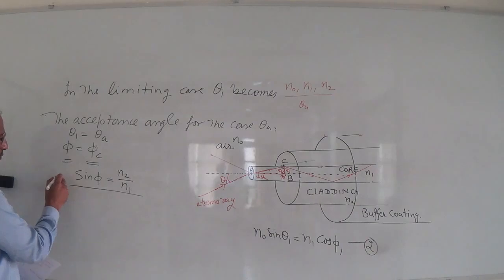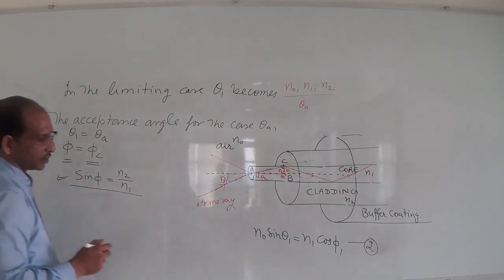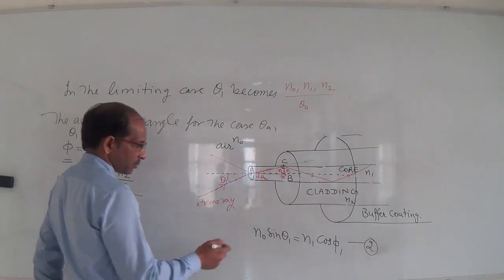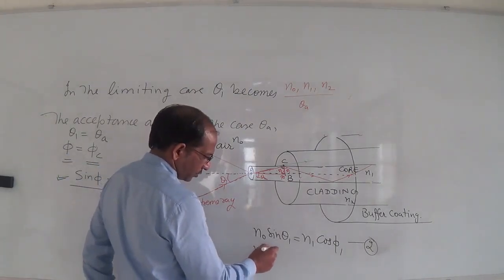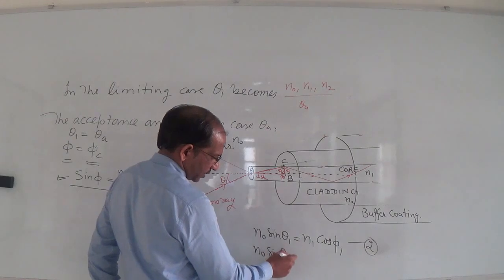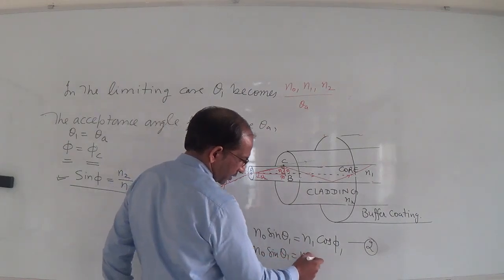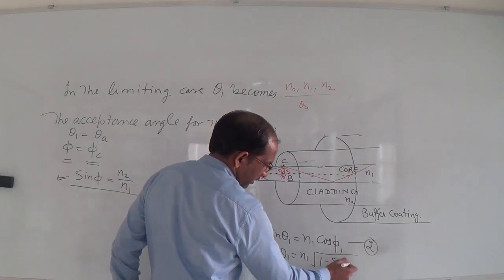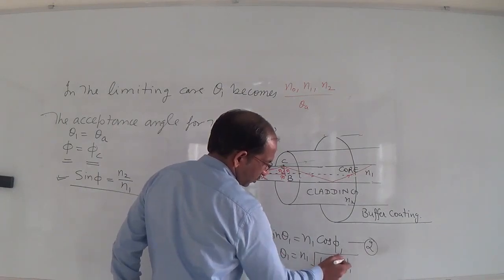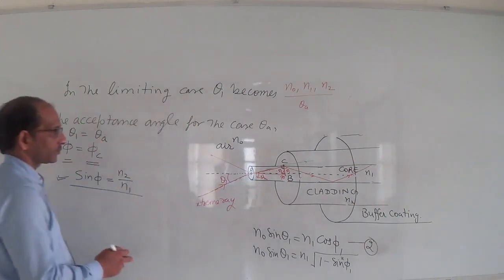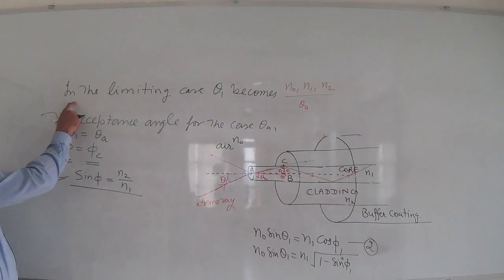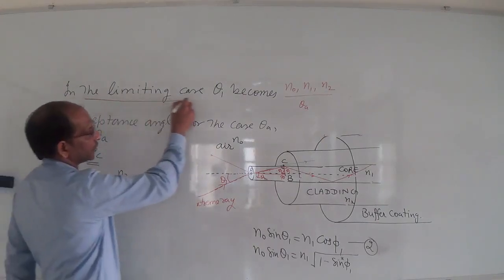Right, so I have to put this value in equation number 2. So equation number 2 is what? n naught sin theta 1 is equal to n1 square root 1 minus sin square phi. And what I basically mentioned here is the limiting case.